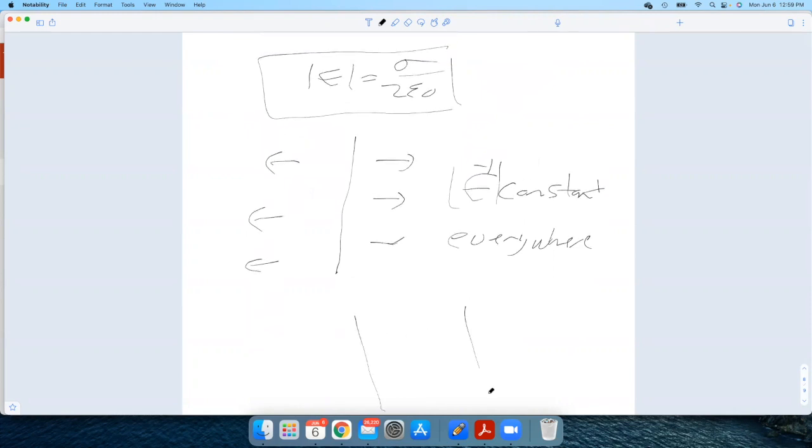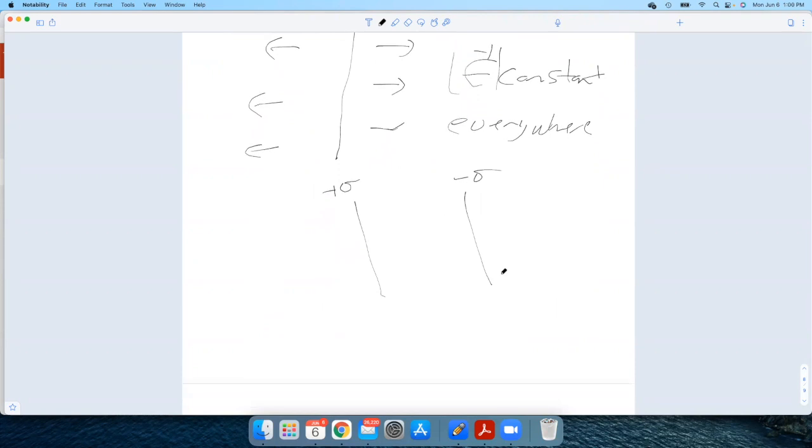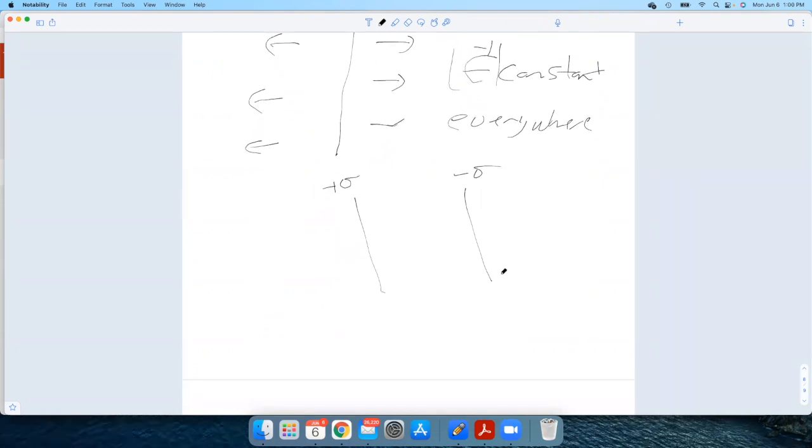But if not, what if I have 2 sheets of charge? What if I put a plus sigma here and a minus sigma here? So I have 2 infinite sheets of charge. What will my electric field look like? Well, from this guy, from the positive, we get E's that point away and are constant. All these arrows are meant to be the same length.